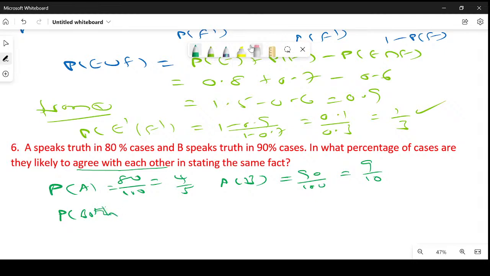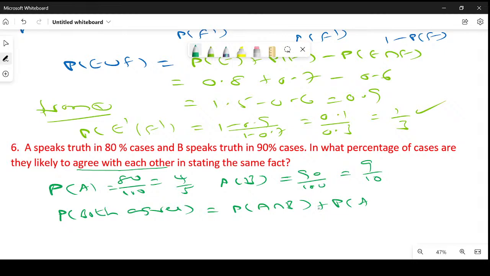So when they're talking about both agreeing, what is the meaning of this? Both agree means both should accept, or both should not accept, together.